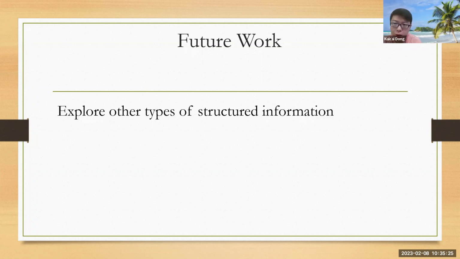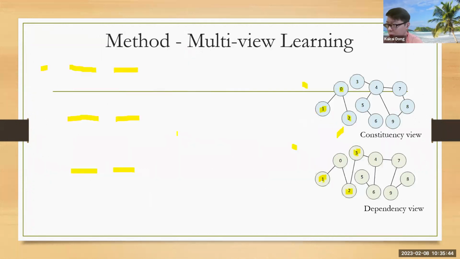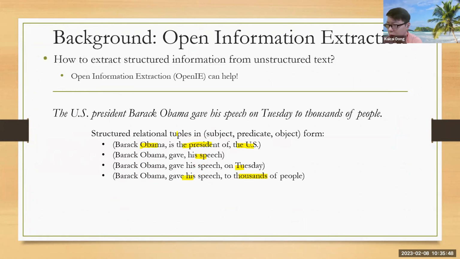For the task of open information extraction, the output is the relational tuple. The rich tuples can be used to construct a knowledge base or knowledge graph. They can also be used for question answering. Let me go back to our outputs. Our outputs are like this.